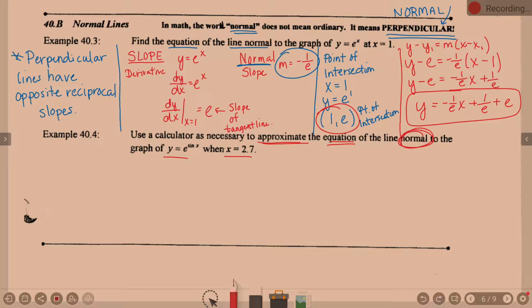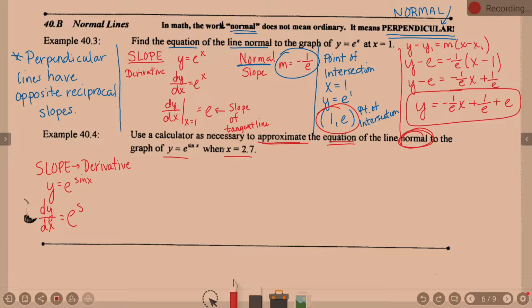So, okay, let's look at the fact we need to find the slope, which means we need to talk about the derivative. We have y equals e to the sine x. And so when we do dy dx, the derivative of e to some power is e to that power.